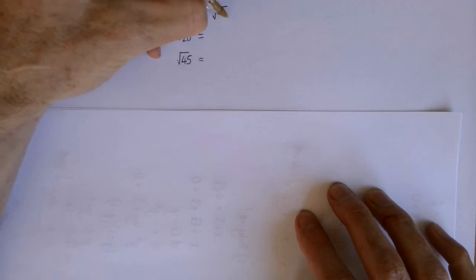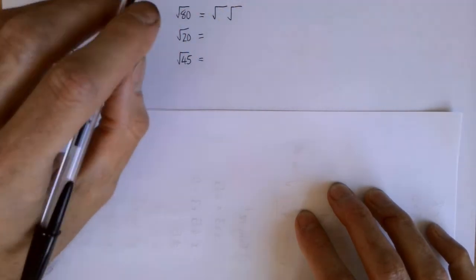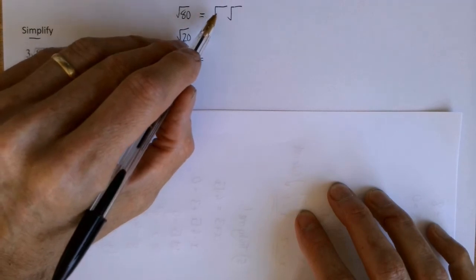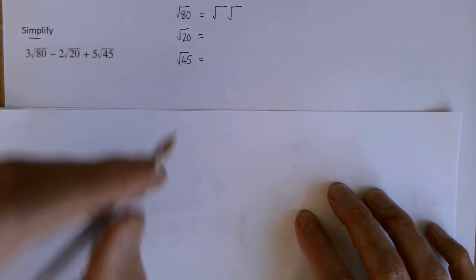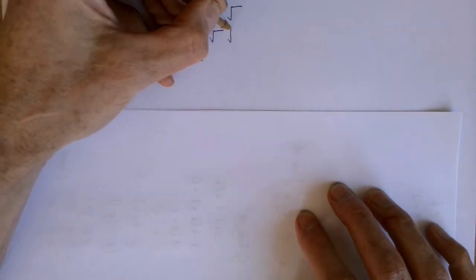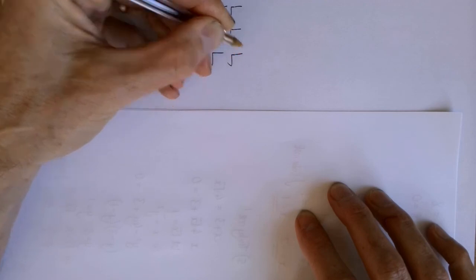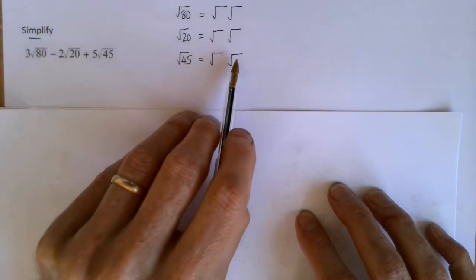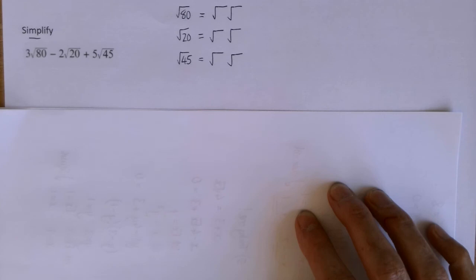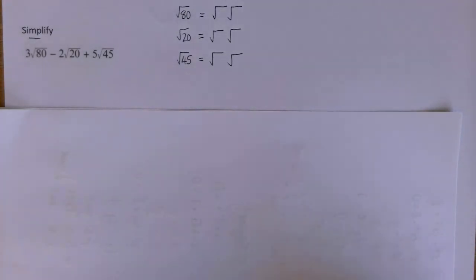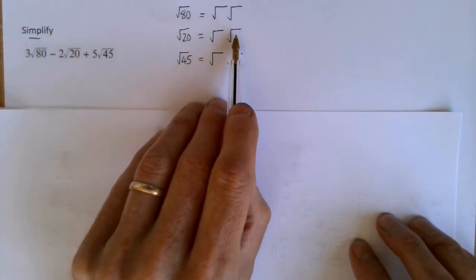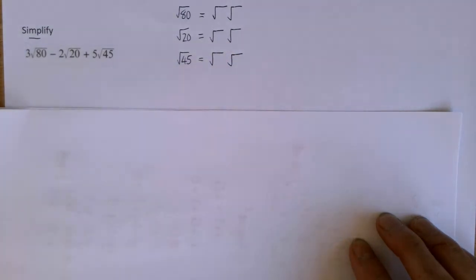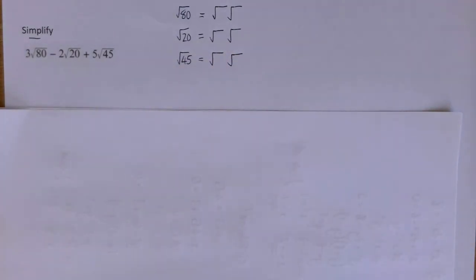And the way we do that is to write them as a square root that I know multiplied by a square root that I don't know. And what I'm hoping is that if I'm being asked to simplify this, the square root that I don't know, I'm hoping it's going to be the same in each case. So I'm going to ask you to pause the video at this point and see if you can simplify those surds. And I'm hoping that we'll end up with the same number here. Pause and have a go.